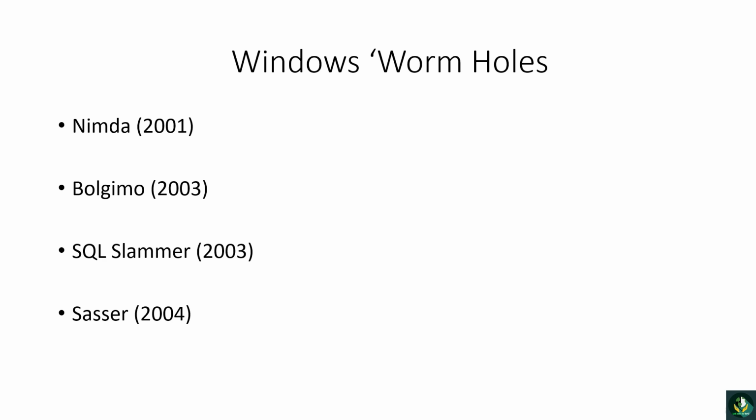Next, the Windows worms from the past. The first appeared as Nimda in 2001. Then the next one was Blaster in 2003, and the third one, SQL Slammer, also appeared in 2003, and Sasser the very next year appeared as a Windows operating system worm.